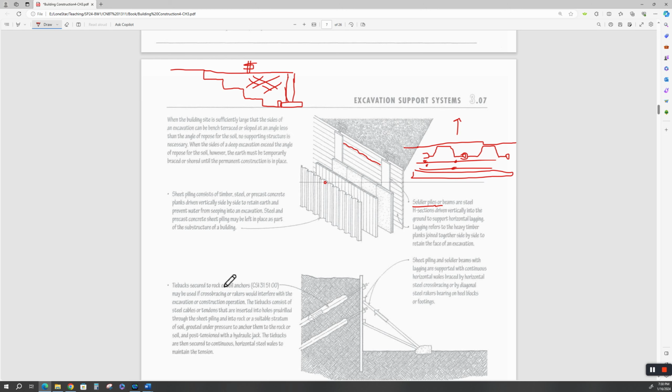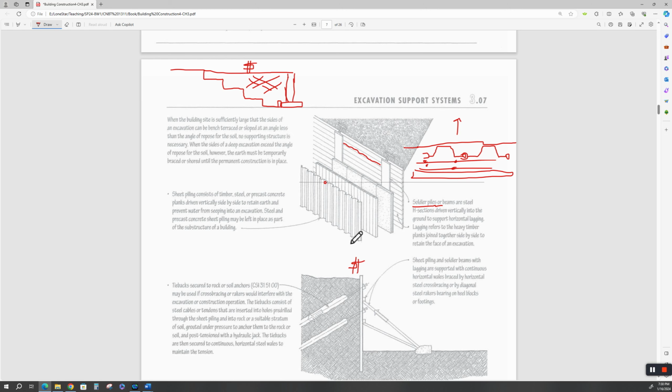All right, tie backs. We talked about this before with retaining walls. Sometimes the tie backs are just drilled and they're pressure grouted. It's giant screws in the dirt. Okay, it may be used for cross spacing or rakers for a temporary wall. Okay, but again, by the time you do all of this, this is expensive.